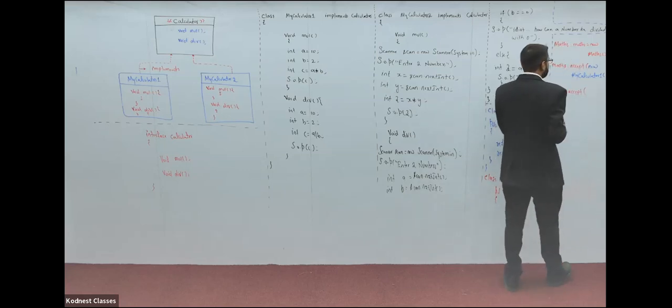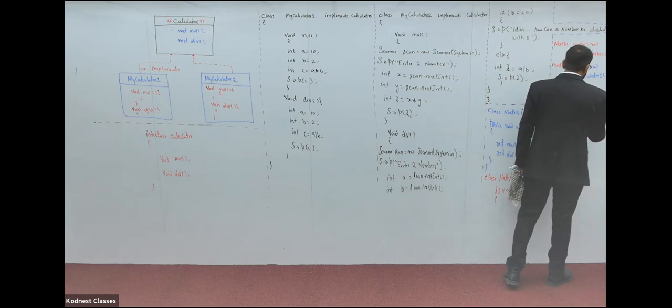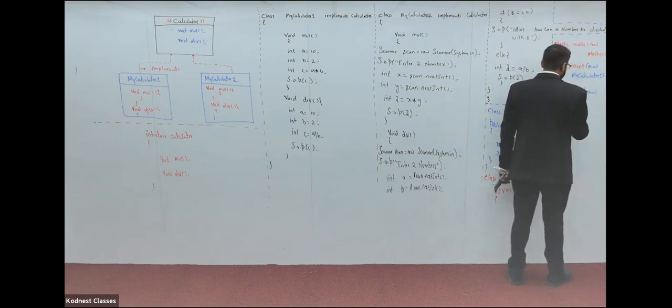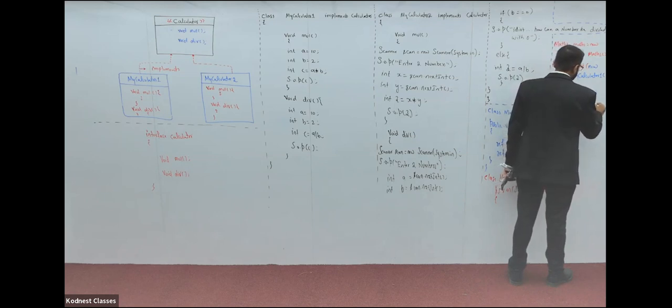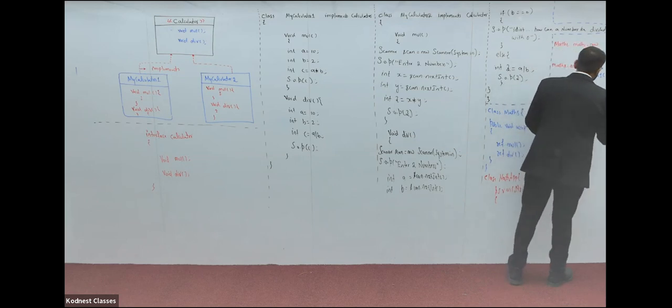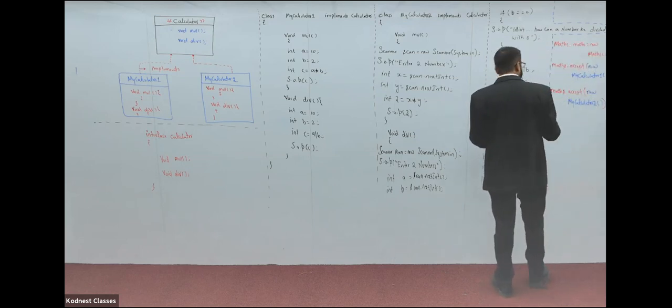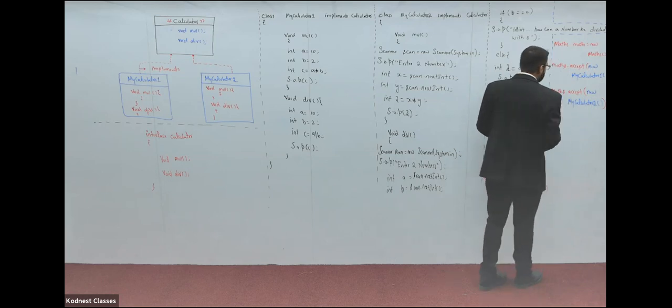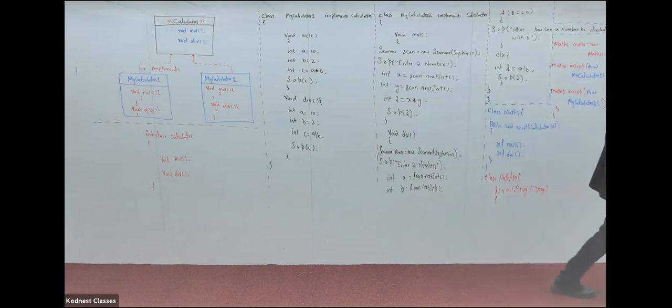For the second time, I will tell new my calculator 2. That is the opening of the main method, closing of the main method, closing of the class called math app.